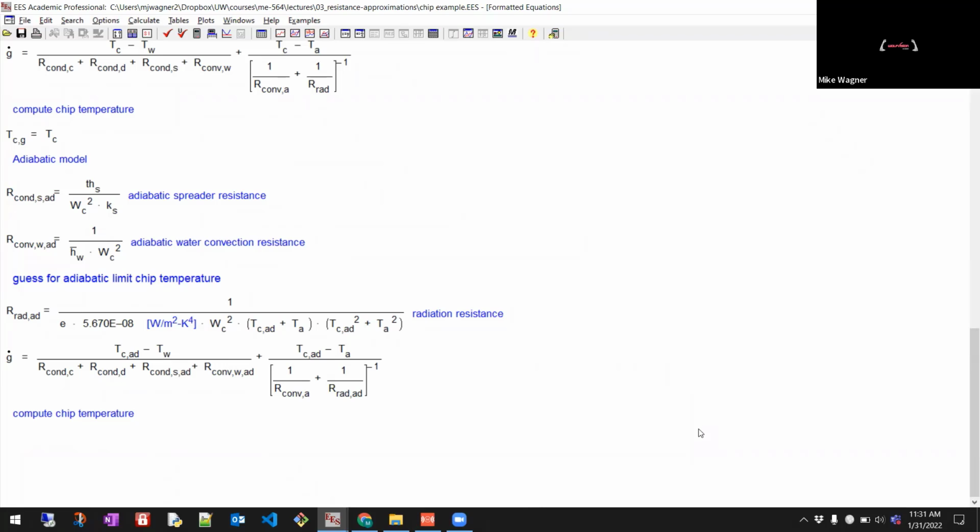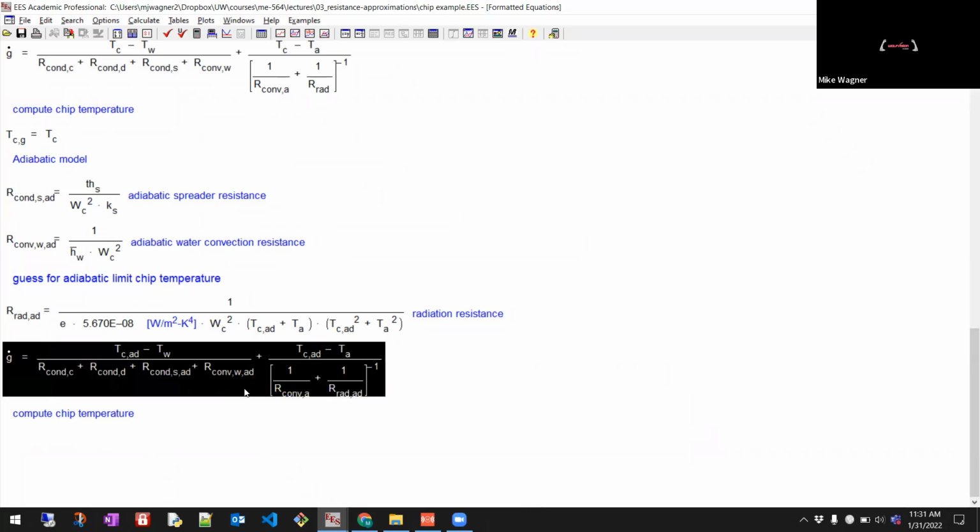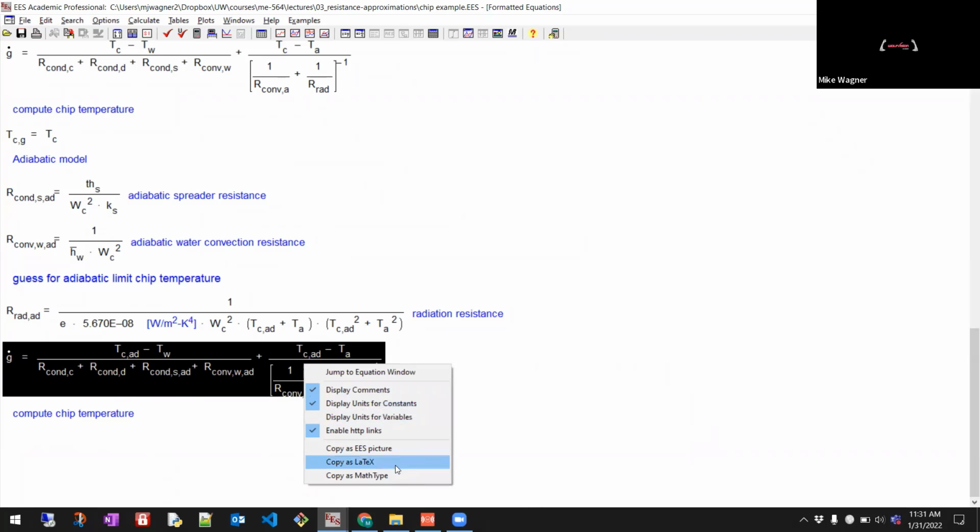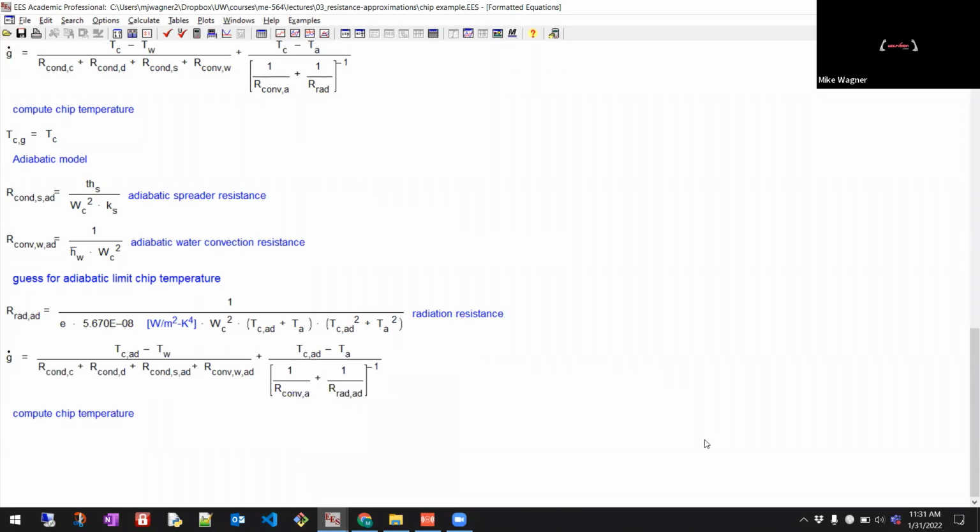I think you can also copy it as just like MathType as well. Yeah, so if you want to copy these equations and paste them into Word as you're writing up your summary or writing up your methodology, it's really easy to do that in EES. Just kind of a nice tip. Okay, so that was F10 to get to that, or you can go Windows, Formatted Equations.